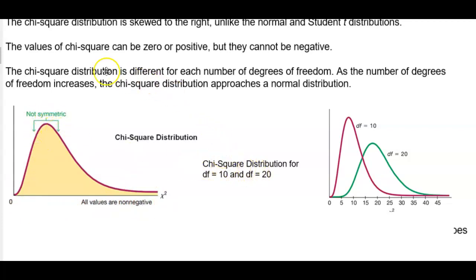Now, as we stated, as the number of degrees of freedom increases, the chi-square distribution becomes a normal distribution. When the degrees of freedom is 10, that's the one in purple, and you can see that it's a lot more skewed right. Once we increase the degrees of freedom to 20, the one in green starts getting closer and closer to a normal distribution.